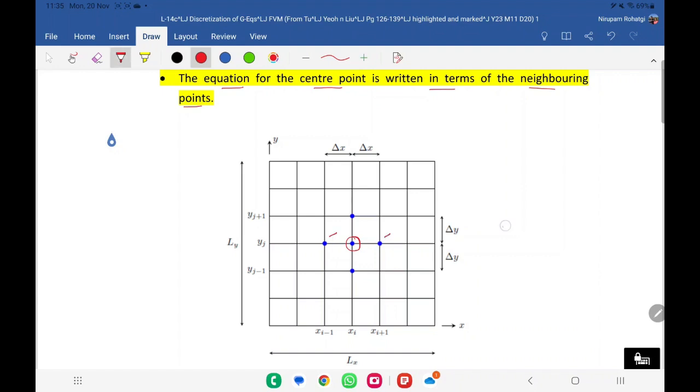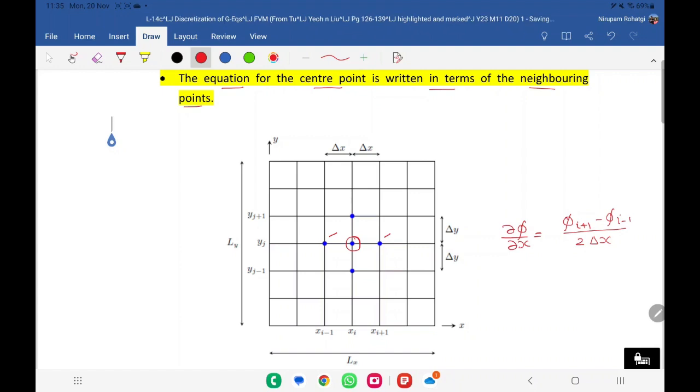When we were talking about del phi by del x, this was equal to phi I plus 1 minus phi I minus 1 divided by twice delta x.